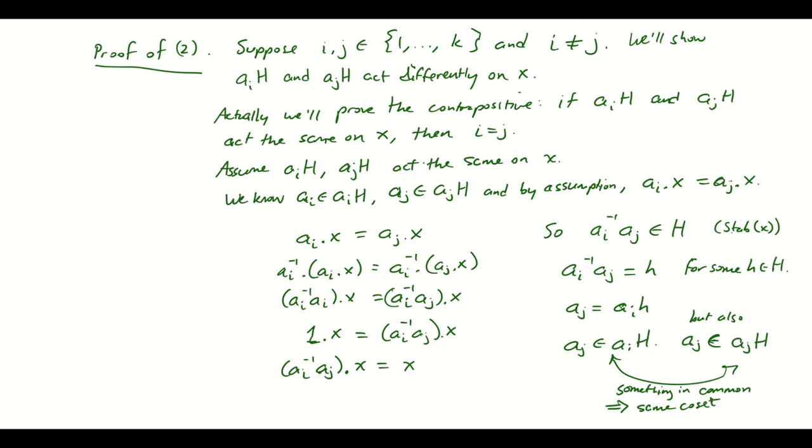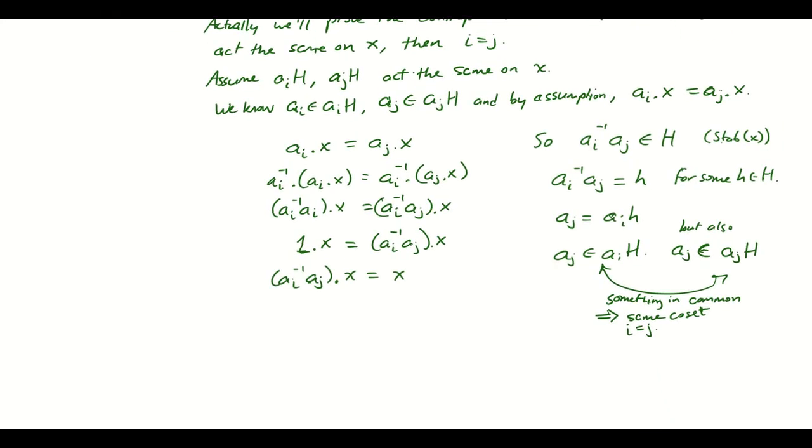They're the same coset, and I assume that A1H, A2H, all the way through AKH, those were all the different cosets of H. So that means that I has to equal J, because I assumed that all of those were different cosets at the beginning. So that means we've proven that I equals J, because we've proven that AIH and AJH, if they act the same on X, that means they must have something in common.